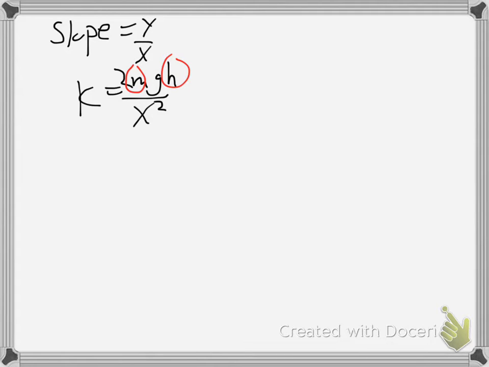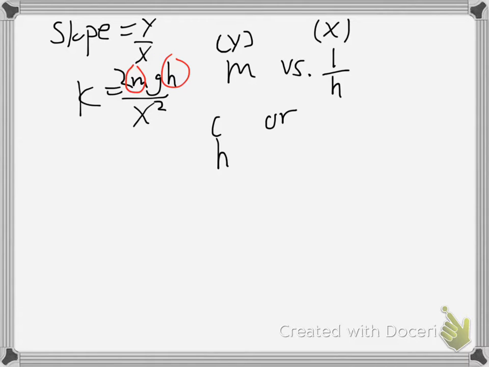You could either keep mass on the y-axis and plot that versus the inverse of height on the x, or you could plot height on the y versus 1 over mass on the x.